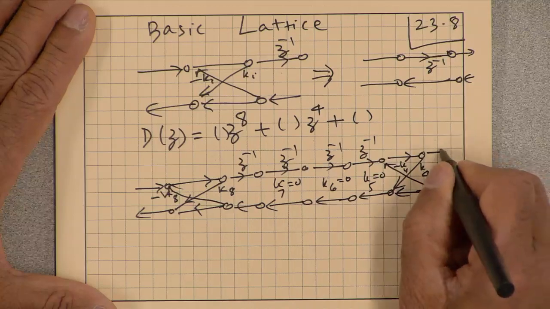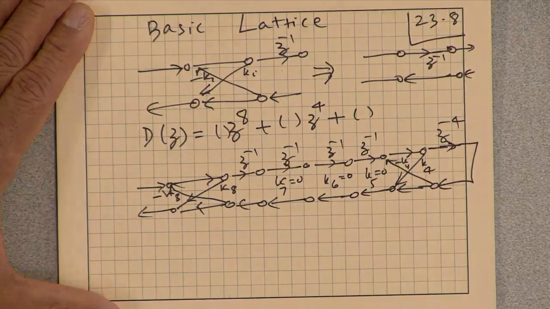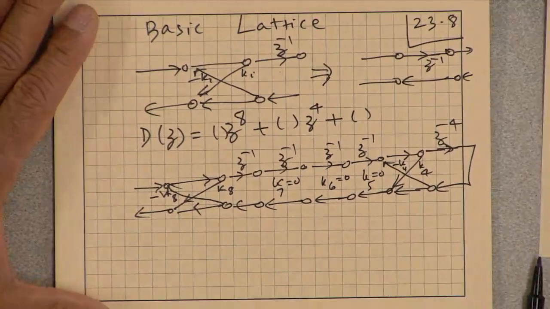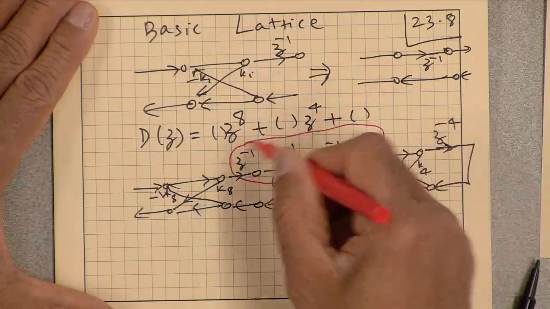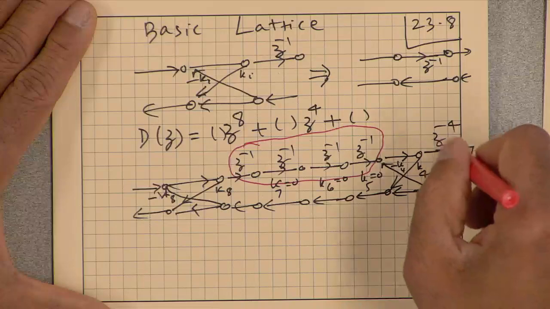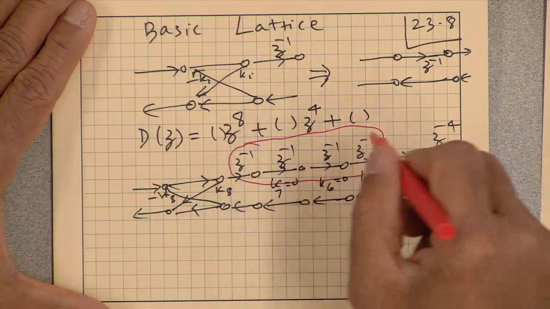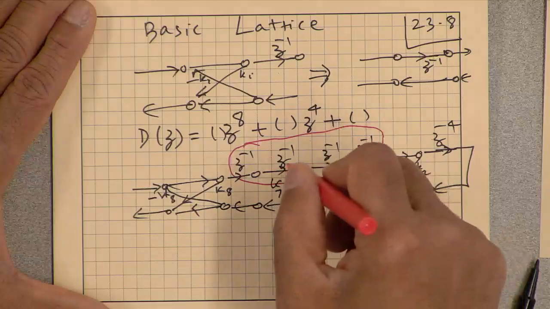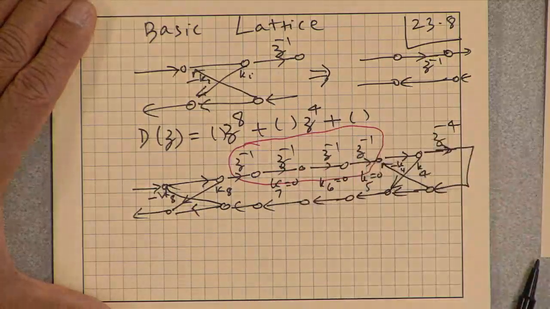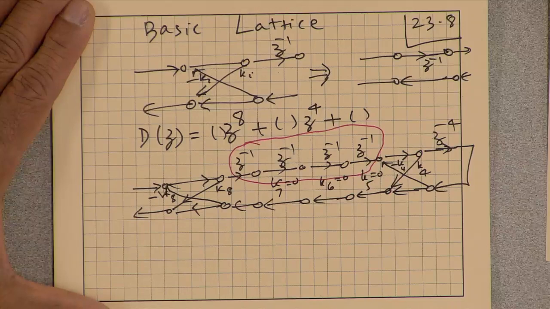I'm not going to write this down, but basically this will be 4 delays. So what you see here is the z to power minus 1. These are now 4 delays, and that's exactly what I wrote down here, because K3, K2, K1 would be 0. We would have 1 delay as part of that stage, plus 3 more delays as part of the 3 stages with 0 K coefficients. And that's what we mean by the pipelined lattice filter.